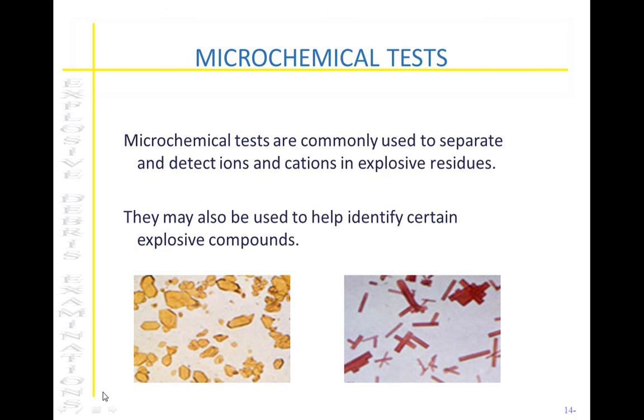You usually put a little bit of residue in the reagent itself, and then crystals will begin to form. Depending on if the crystals are the preferred crystals for the test, it may give the forensic scientist information as to what element is actually present in that residue.